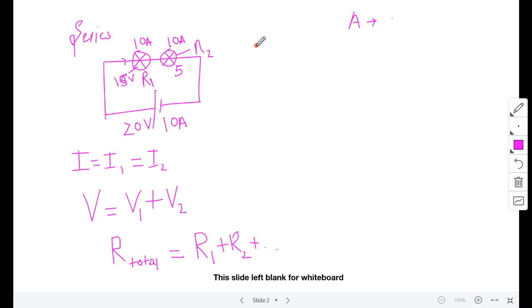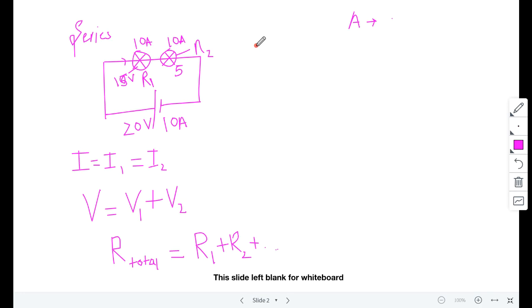Okay. And if they ask to find R1 and R2 and then find the total, so what is the total resistance? At the side, I'd write V equals IR, so R equals V over I, separately for each of them.